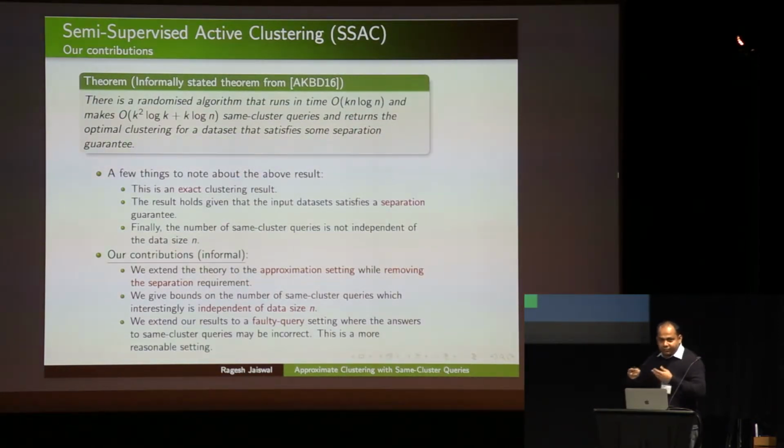If you're making a few queries, crowdsourcing, right? Then you can get these outputs and try to cluster the data nicely. And you can imagine a situation where the humans are going to make a mistake with some probability, right? So this is a more interesting setting.